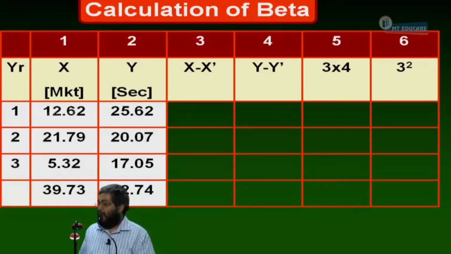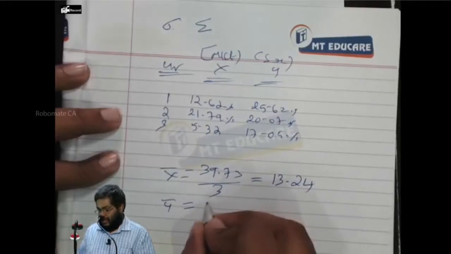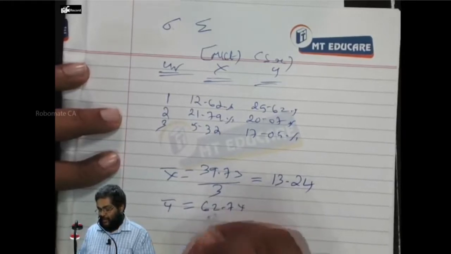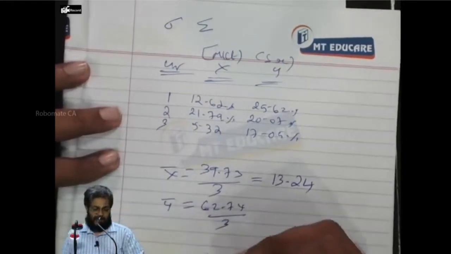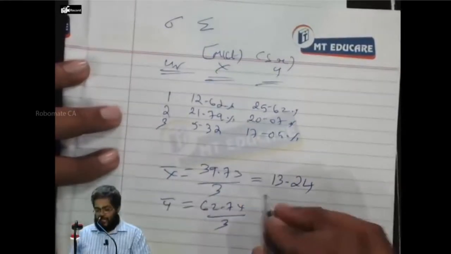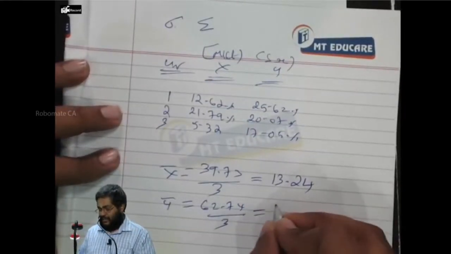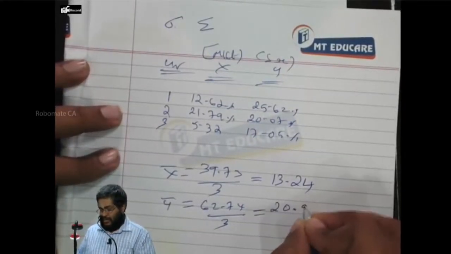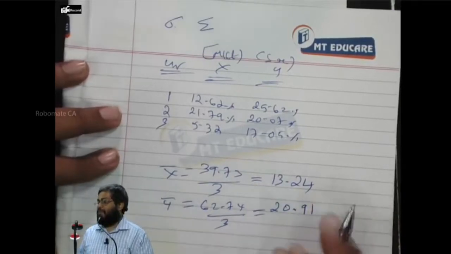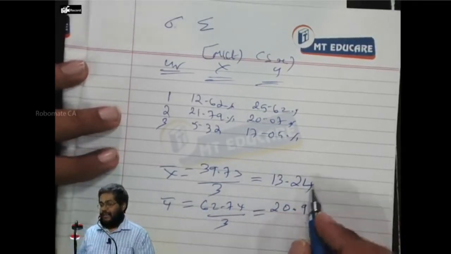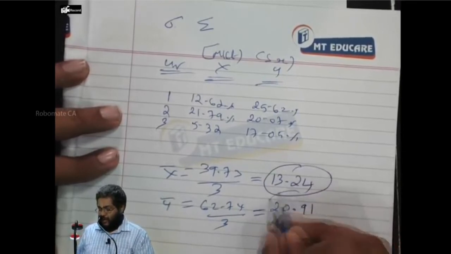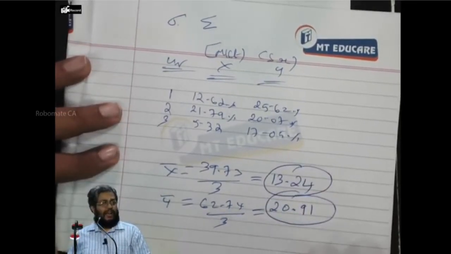Like that, y bar is equal to 62.74 divided by 3. Write in the note below. That is 20.91. X bar is 13.24, y bar is 20.91. Have you all written this or not?